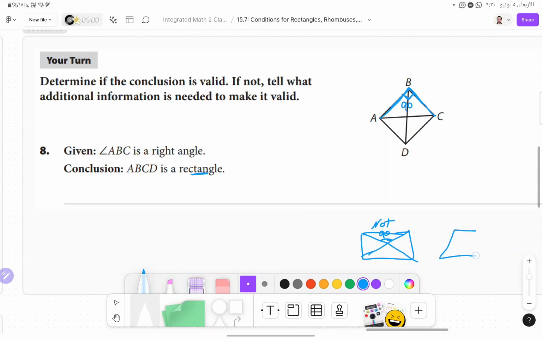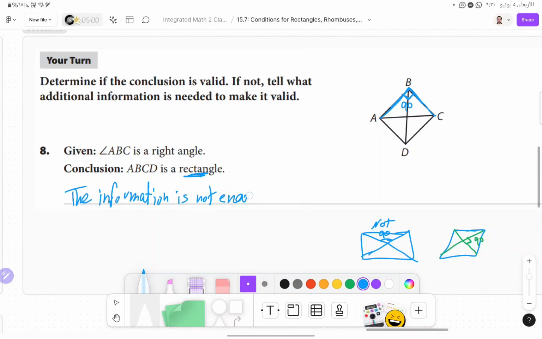But for the rhombus, this one here and this one here, it's 90. So in order to understand whether this is a rectangle or a rhombus, the information here is not enough.